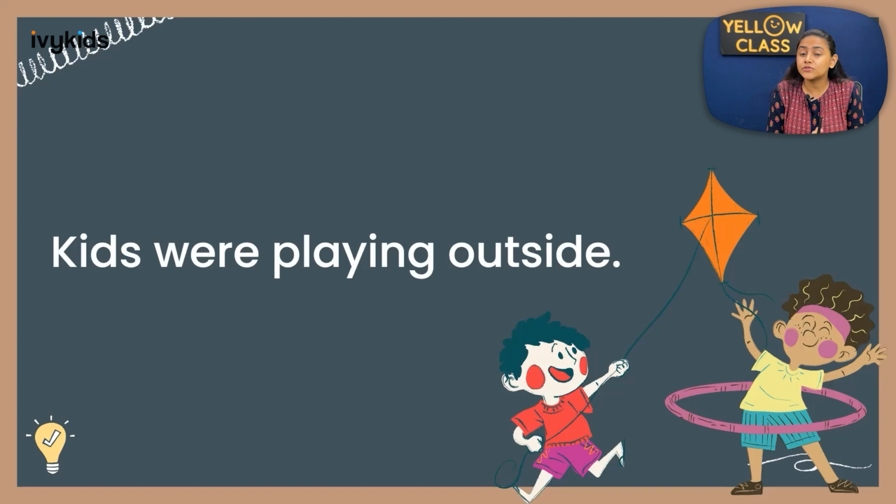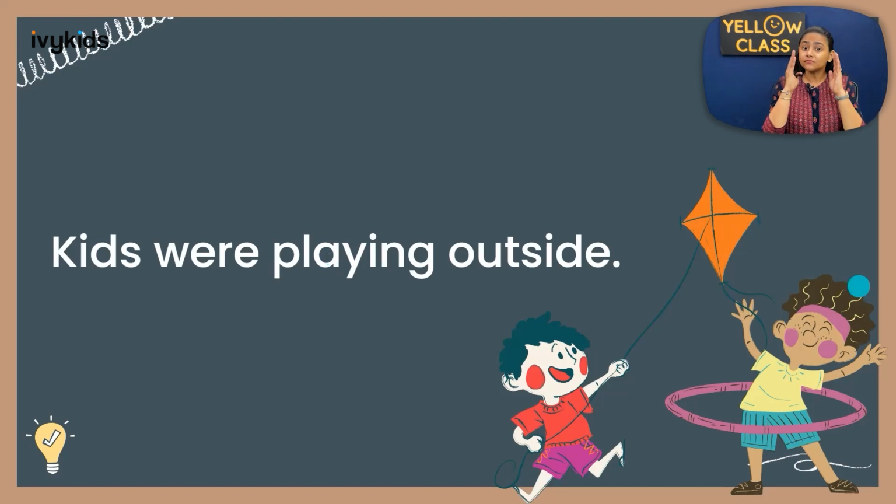Now when it comes to the usage of was and were, we have to understand that we are talking about something that belongs to the past, something that is already done. So the school bus was late in the morning. Kids were playing outside. Now they are not playing.